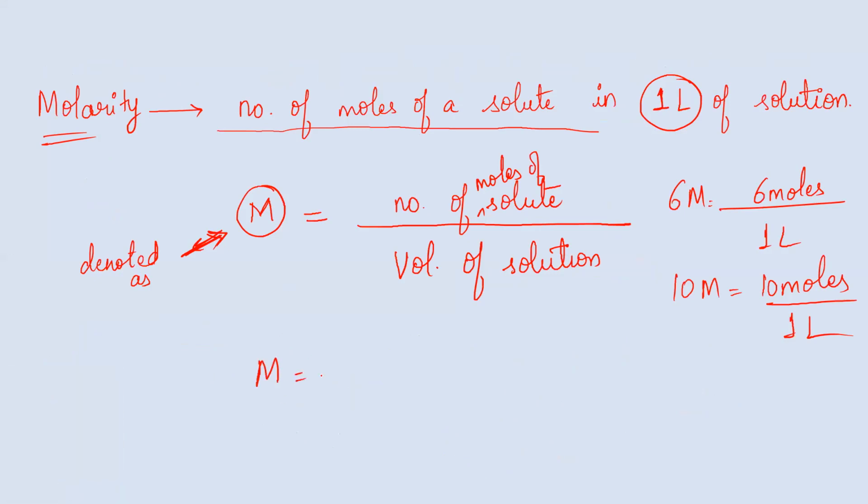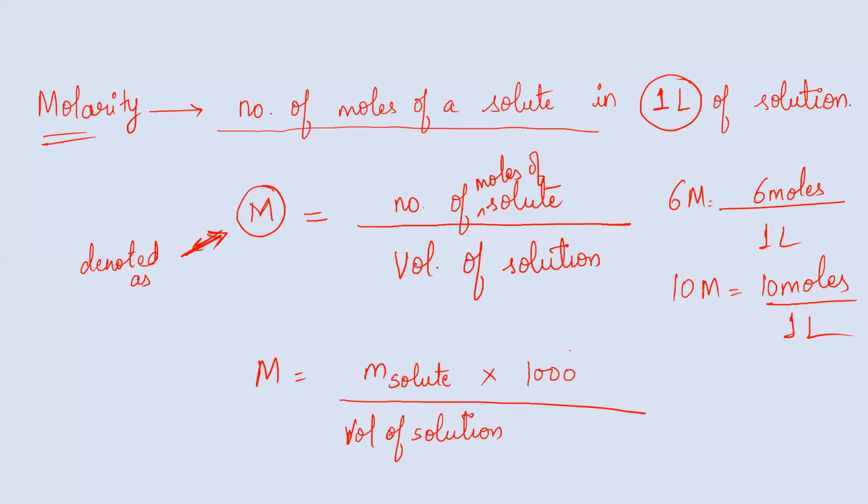Molarity is equal to mass of solute divided by volume of solution, and if you want to convert it into ml, you just have to multiply by 1000.